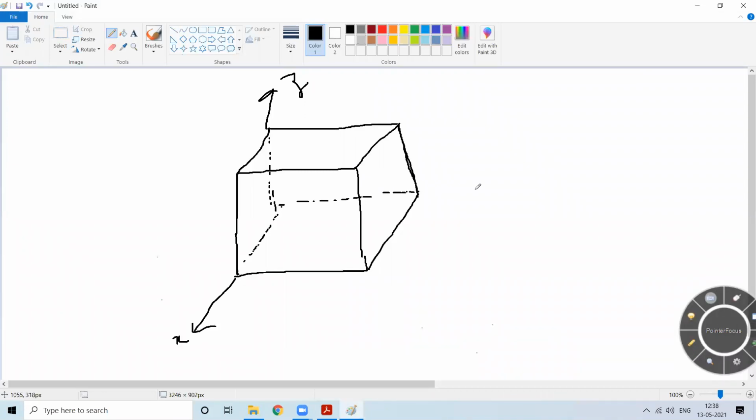So this is the x, this is the y, and this is the z axis. The antenna is assumed to be at this point. If I take from this point to this point, and consider this distance to be r, that is the radius of the sphere or the point of observation from this antenna. So this is the point where you're observing. This is a point on the sphere, so it is given by r, theta, and phi values.